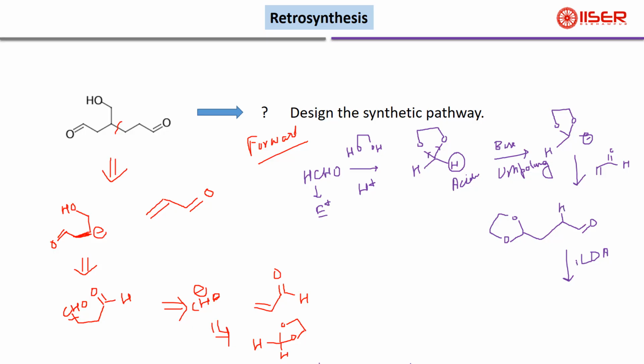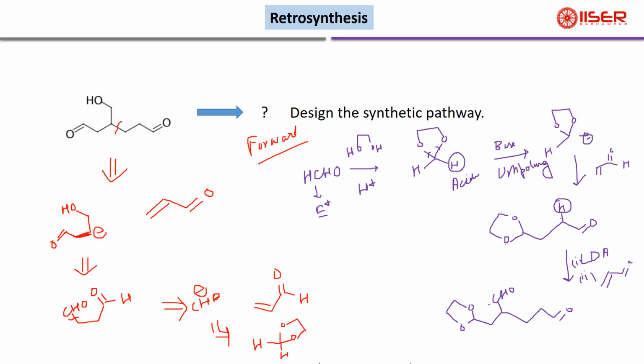In the next step, if we add LDA followed by another molecule of alpha beta unsaturated aldehyde, then this proton will be taken up and form an enolate, and this center will attack this beta carbon, giving us this long chain aldehyde.